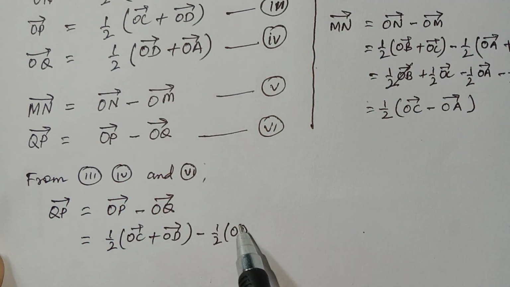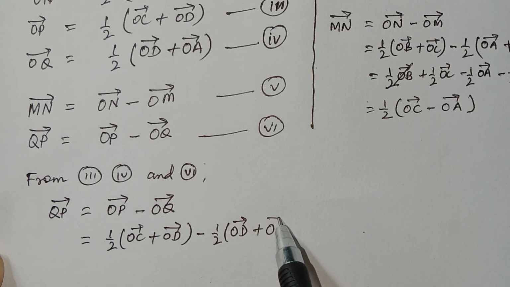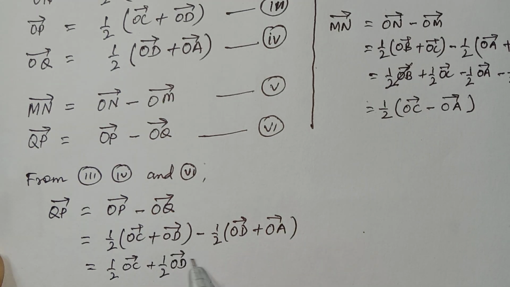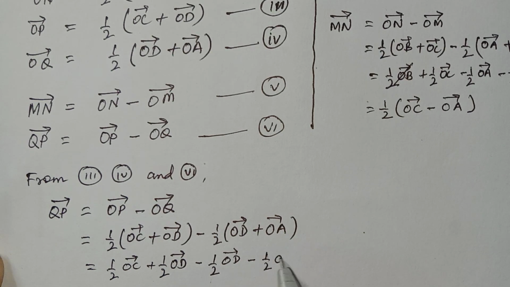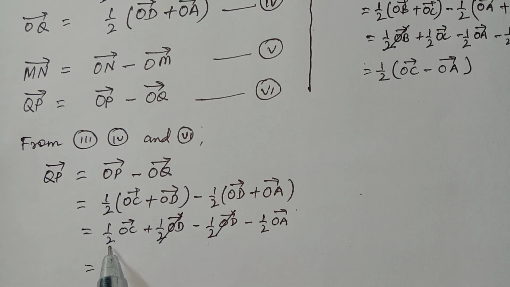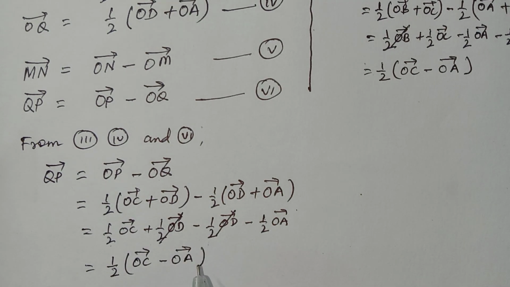So it is half of OC vector plus half of OD vector minus half of OD vector minus half of OA vector. The OD vectors cancel, and finally I have half of vector OC minus half of OA. Taking half common, I get OC vector minus OA vector.